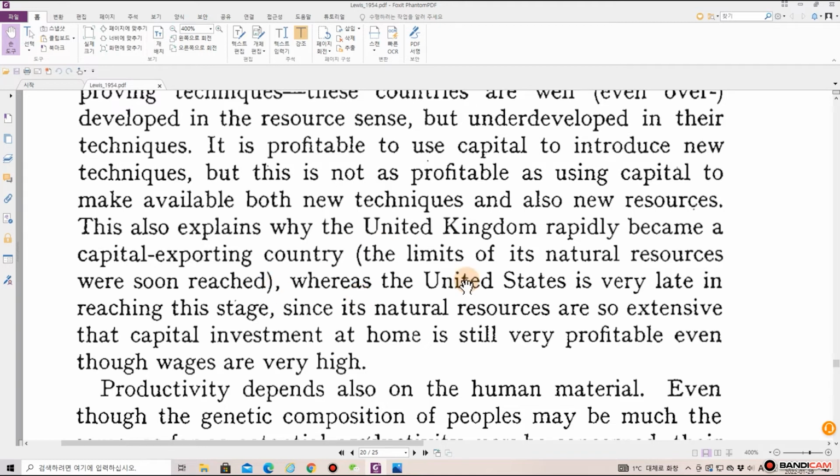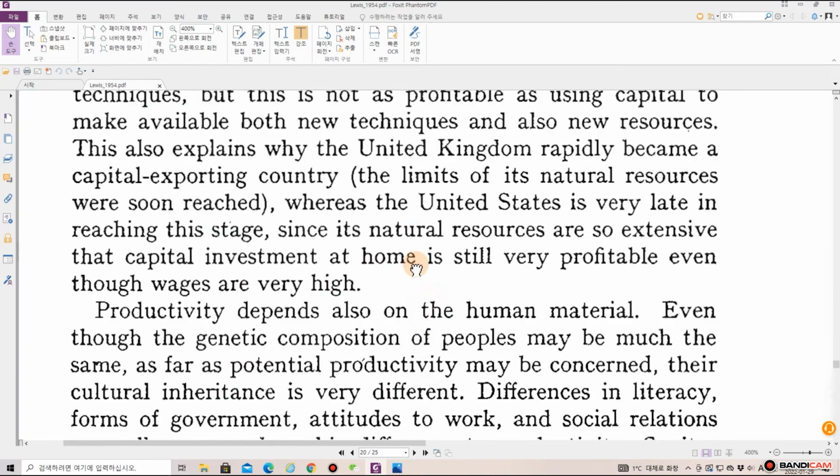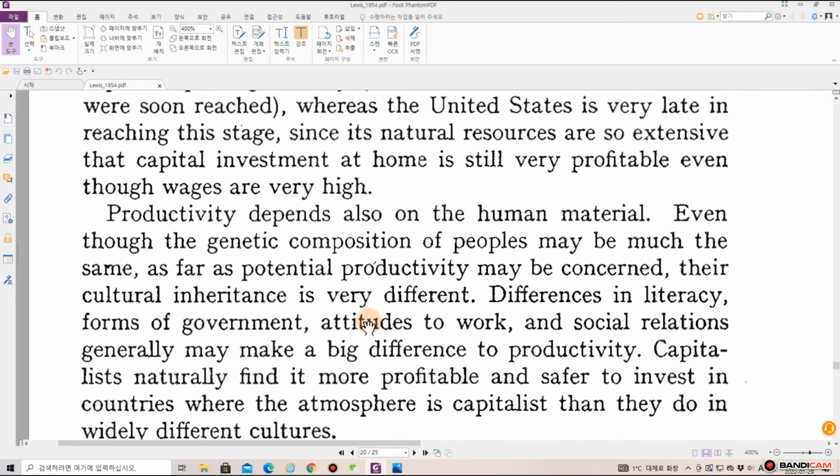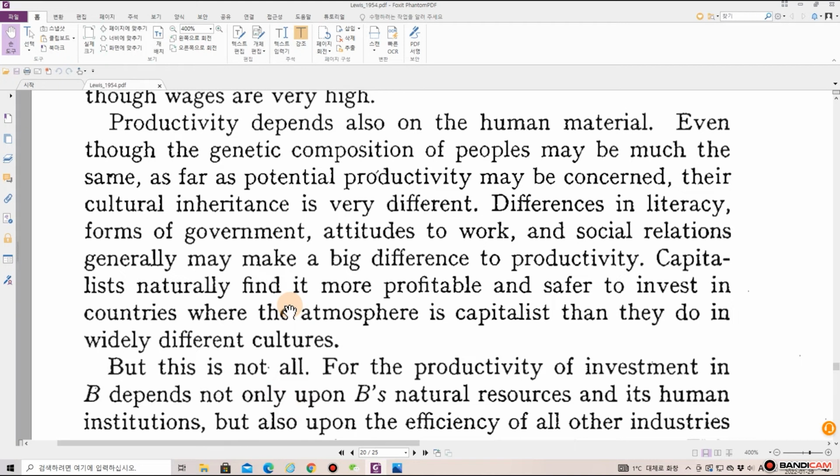The limits of its natural resources were soon reached, whereas the United States is very late in reaching this stage, since its natural resources are so extensive that capital investment at home is still very profitable, even though wages are very high. Productivity depends also on the human material. Even though the genetic composition of peoples may be much the same, as far as potential productivity may be concerned, their cultural inheritance is very different.